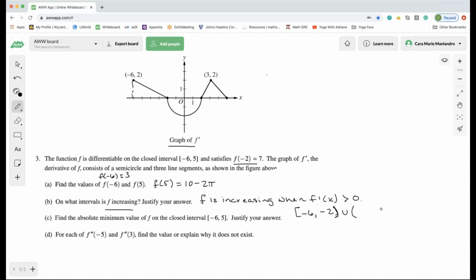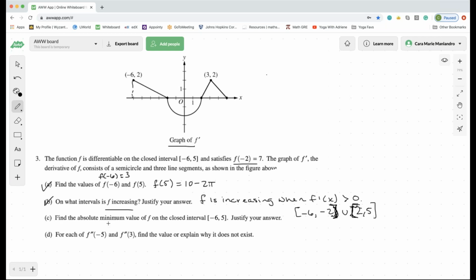And then we would be increasing again, it looks like, from 2 to 5. And I believe we can leave these closed, right? They take the 0.